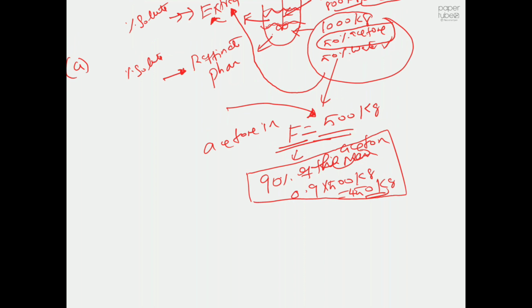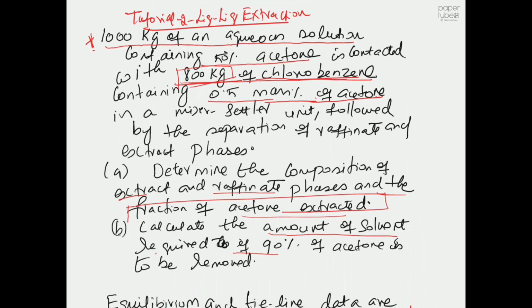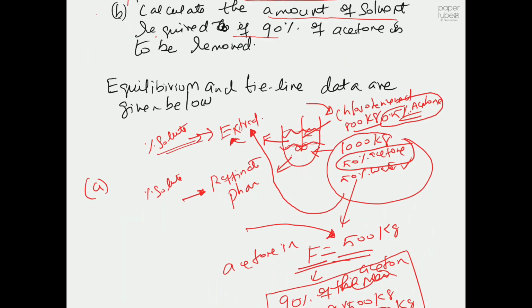So the first part is we begin with 800 kg. With 800 kg, what's the percentage of the solute that we get in the extract, and the second part is we fix some target for the extract. We want the extract to contain 90% of our acetone from the feed solution. So what will be the solvent that we need?